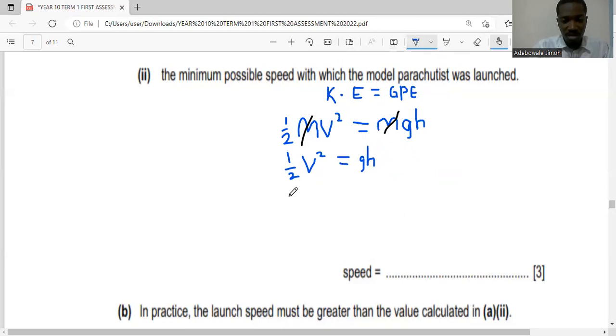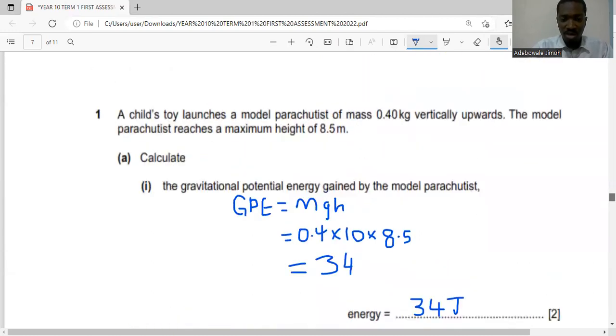Half is the same thing as 0.5. So we have 0.5 v squared is equal to g. You know, g is always 10. And the height at which you threw the model parachutist was 8.5 meters. All of these values were picked from the original question.